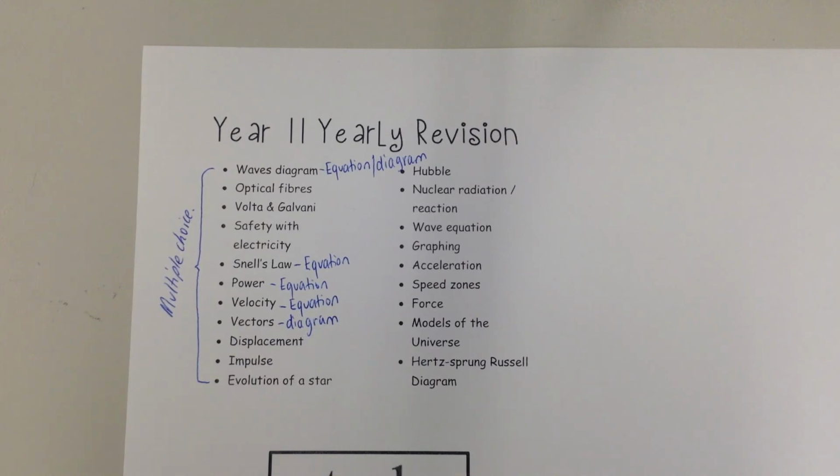You need to know how to use vectors in physics, but you'll also need to extract data from vectors. They might give you two vectors and ask what is the net vector. Does that make sense? Or they might give you the net vector and one of the vectors, and you find the missing vector.